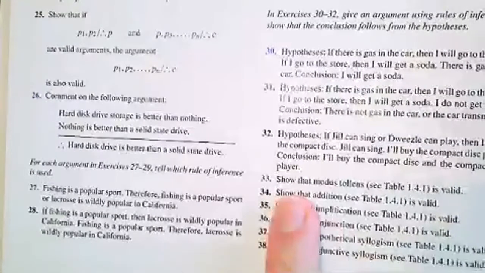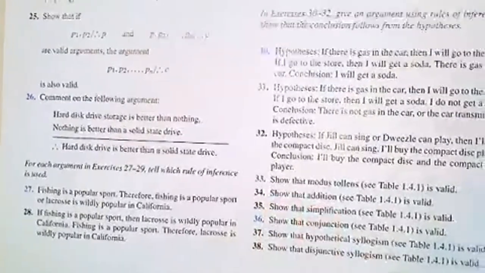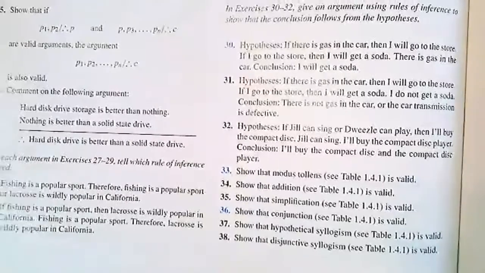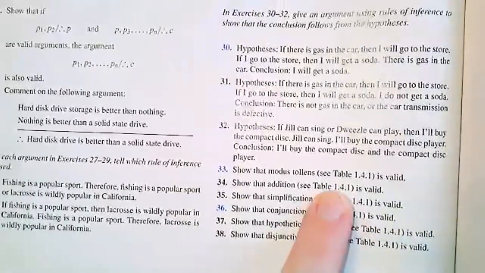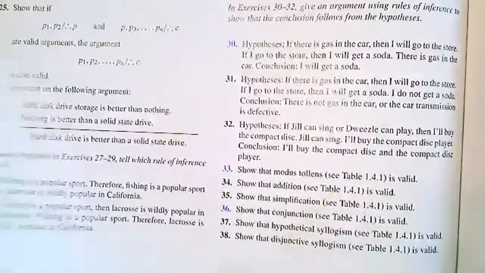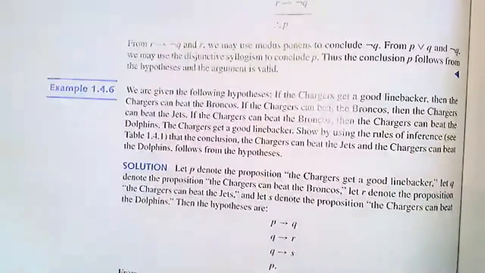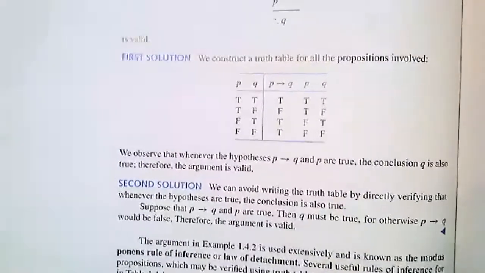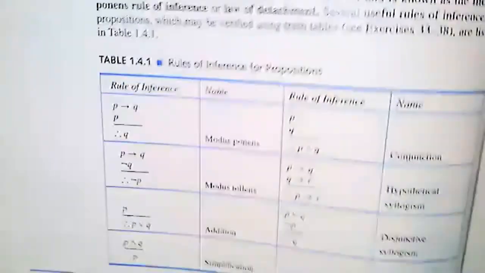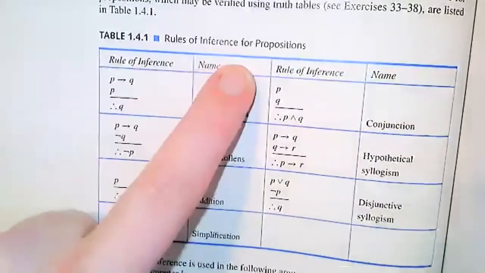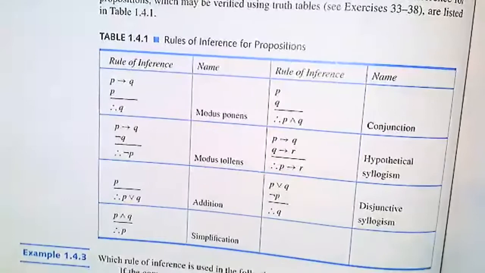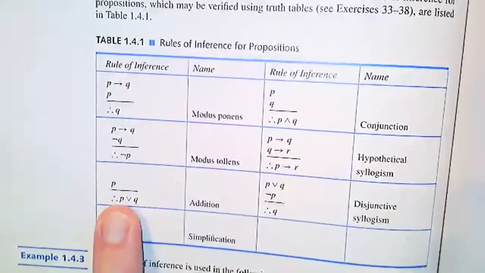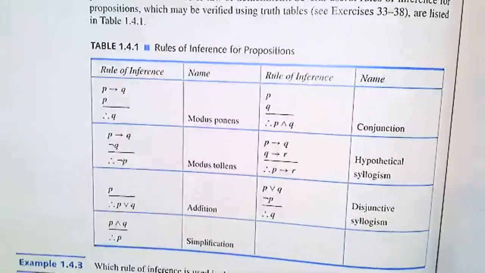Okay, so that's here. You're trying to show that addition is valid, and it says to make sure to refer to table 1.4.1. So you turn back and you find the table. And this is the list of the rules of inference. And we're going to look at the addition rule.